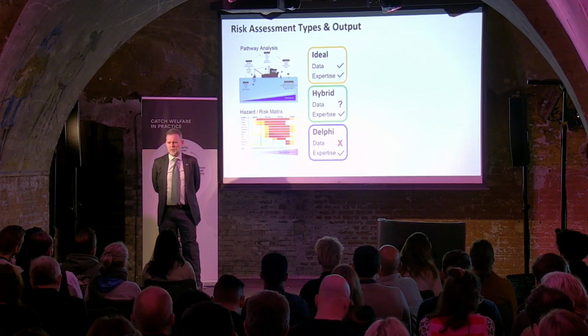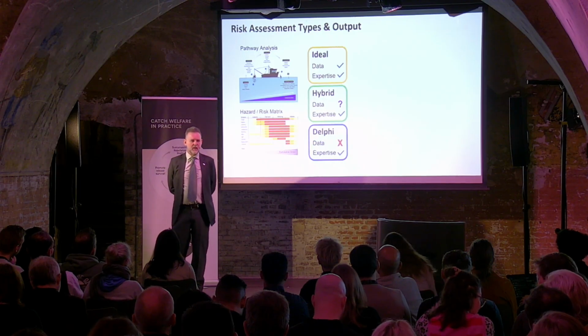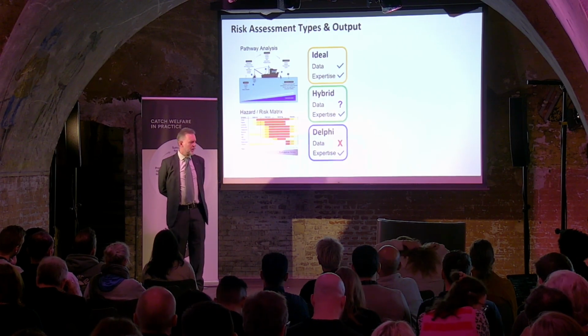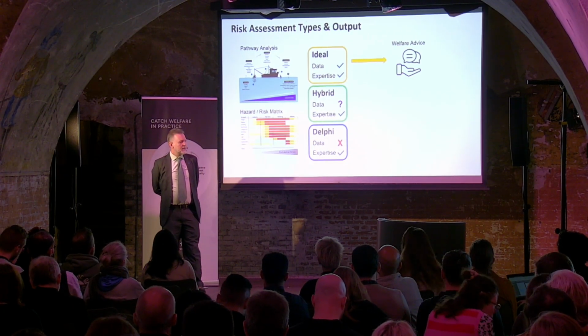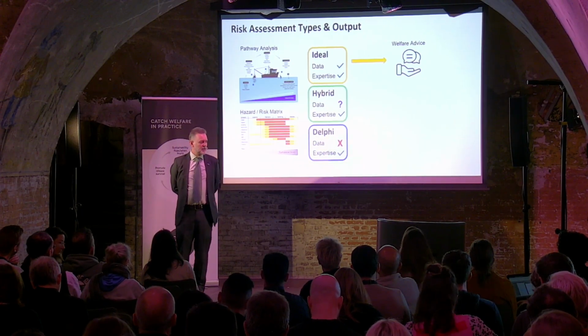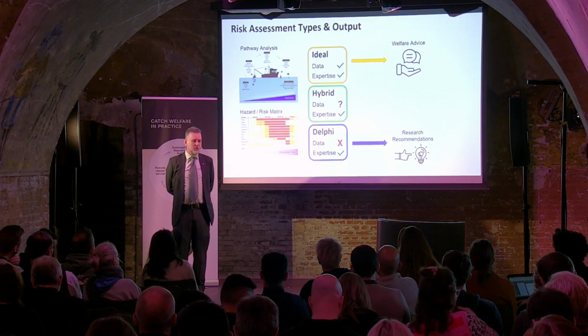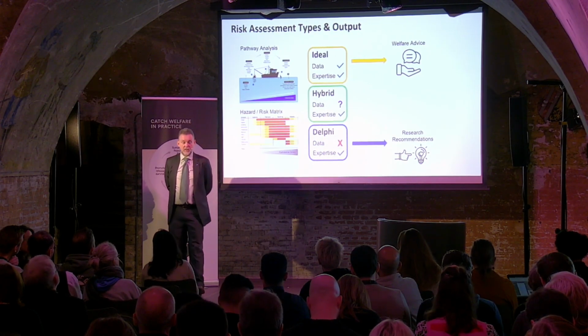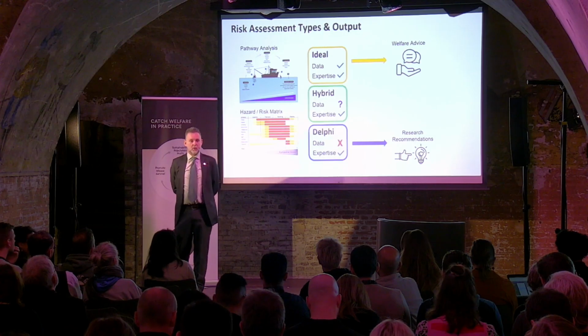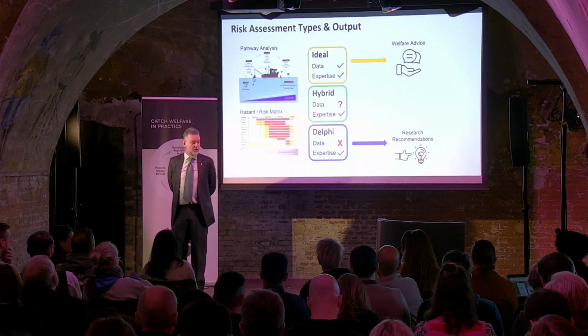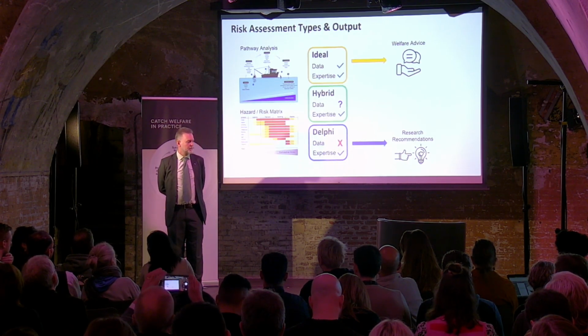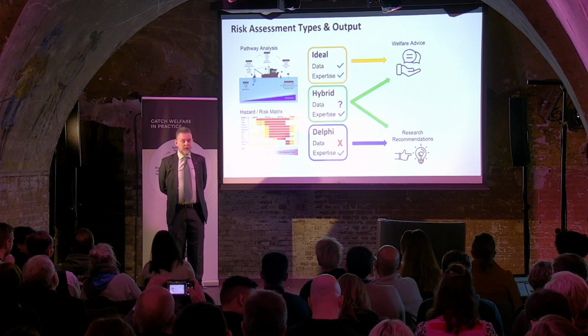We're going to end up with a data set which is missing some data, but we have some informative information we can pull in. Now, in the ideal situation, that would lead to welfare advice. The Delphi method is most likely going to lead to research recommendations. What do we need to focus our attention on in order to inform the risk assessments in the future? The hybrids will hopefully contribute to both.